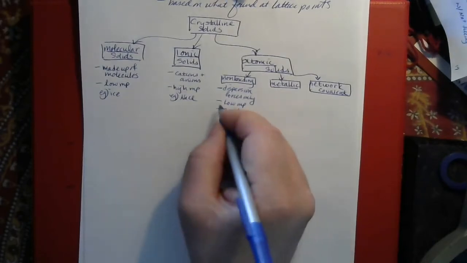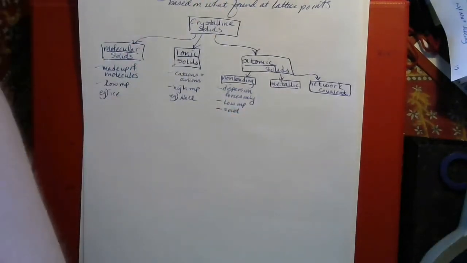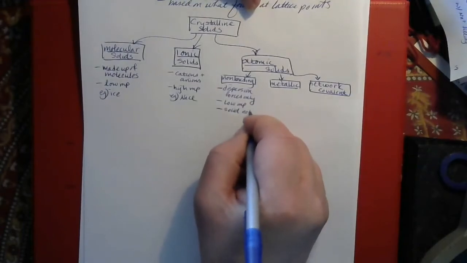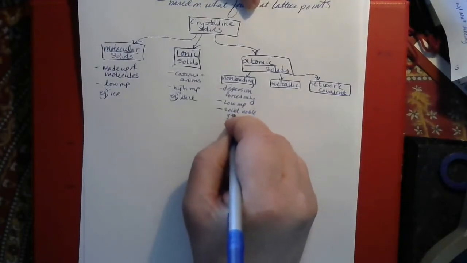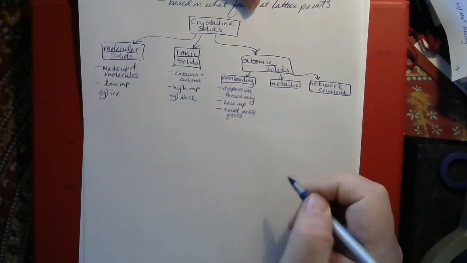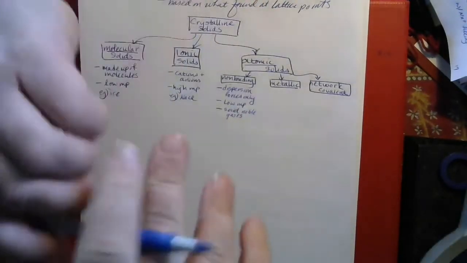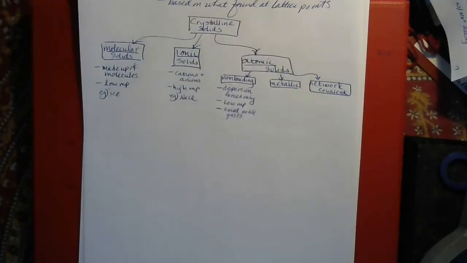And these are basically confined to the noble gases when they're in the solid state. So solid noble gases, particularly the bigger ones like xenon, which is relatively easy to freeze as opposed to the smaller ones like helium.